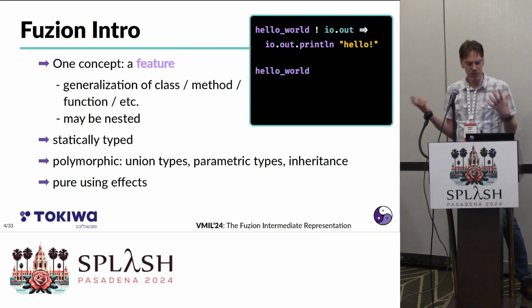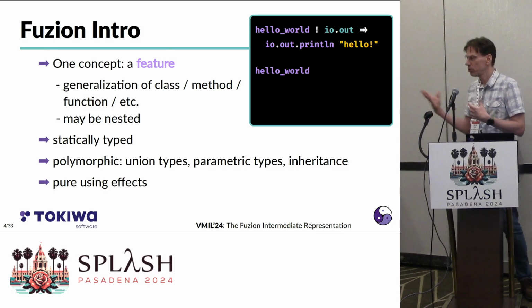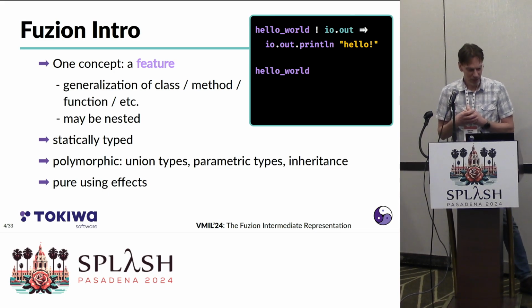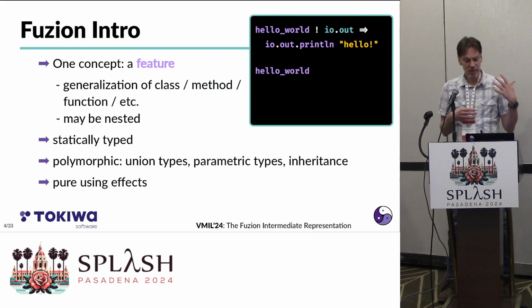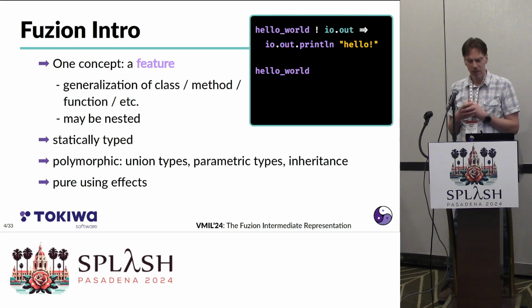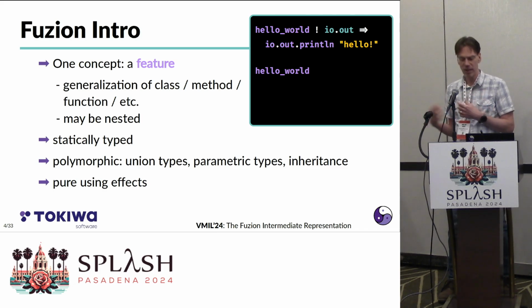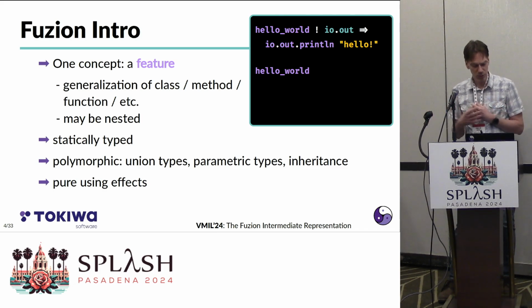And a feature is basically a generalization of something like a class, a method, a function, what you have in other languages. And a very important aspect of features is that they may be nested. Fuzion is statically typed, and it is polymorphic in several ways. It has tagged union types, it has parametric types, and it has an object-oriented style of inheritance with redefinition.